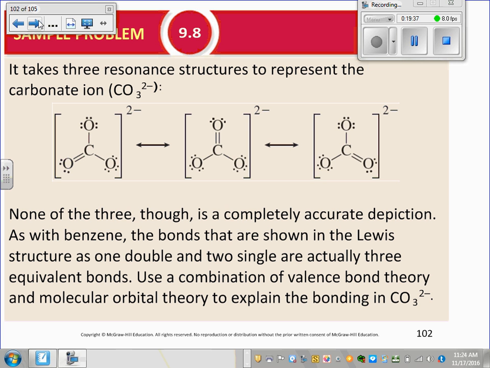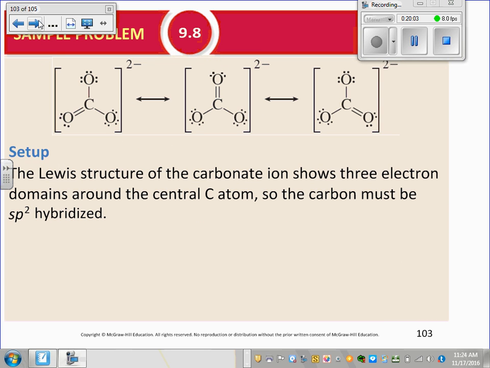Give me the actual hybridization. sp2. So we know the carbon is sp2 hybridized.